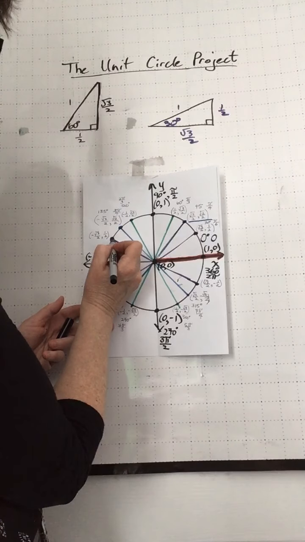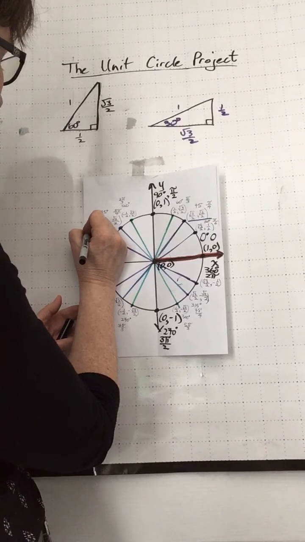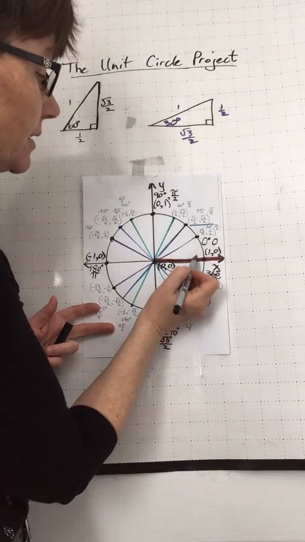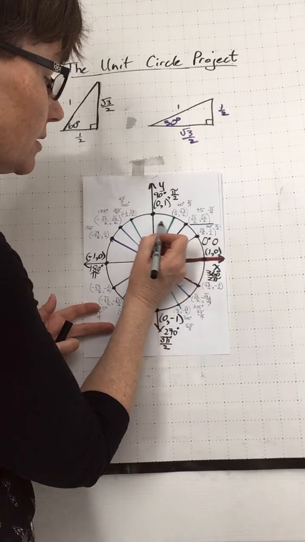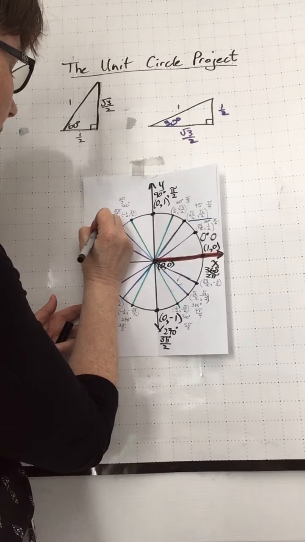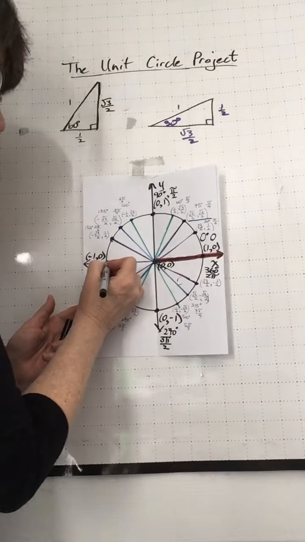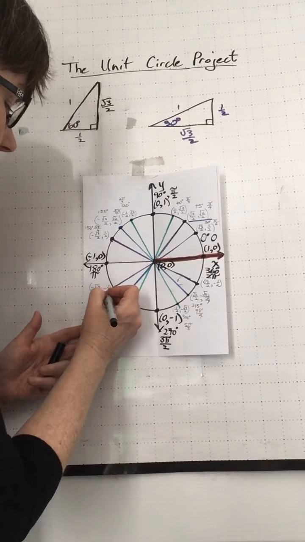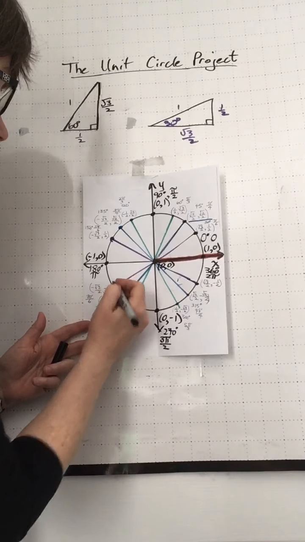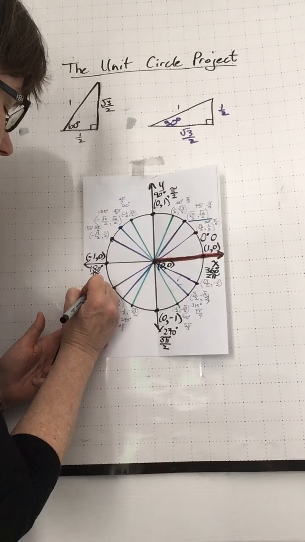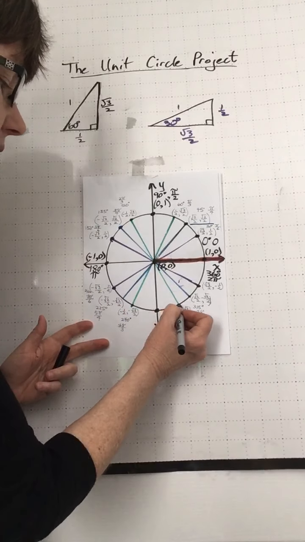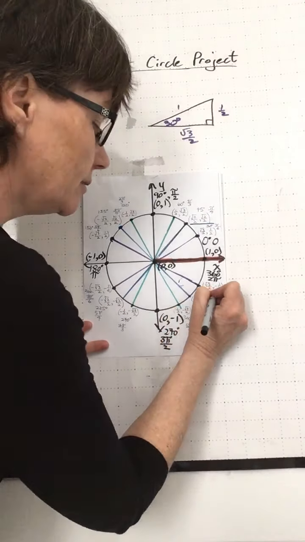Next 30, here at purple, 150 degrees or how many π's over 6 here? 1π/6, 2π/6, 3π/6, 4π/6, 5π/6. Okay, 6π/6, which is π, 7π/6. Or how many degrees? 180 plus 30 more, so 210. 7π/6, 8π/6, 9π/6, 10π/6, 11π/6.